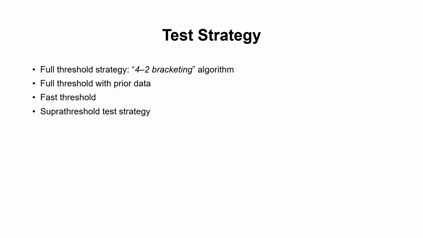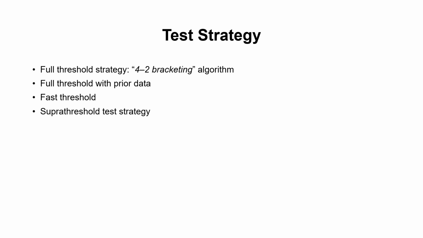Then the intensity is decreased in 2 decibel steps. So you have an increase in 4 decibel steps until the patient sees, then you start decreasing the intensity of the stimulus by 2 decibel steps. So it's called the 4-2 bracketing algorithm.